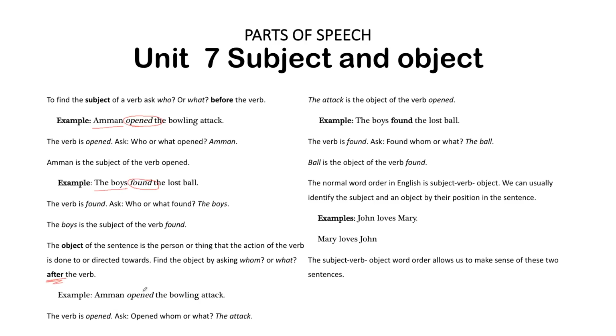For example, Aman opened the bowling attack. We know that opened is the verb, so what happened after the verb, the bowling attack? We would have to say that is now the object. So Aman is our subject, opened is our verb, and the bowling attack is our object.